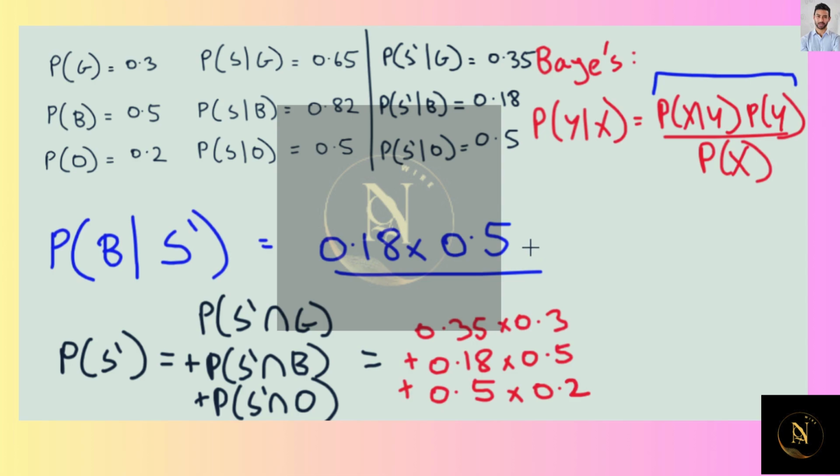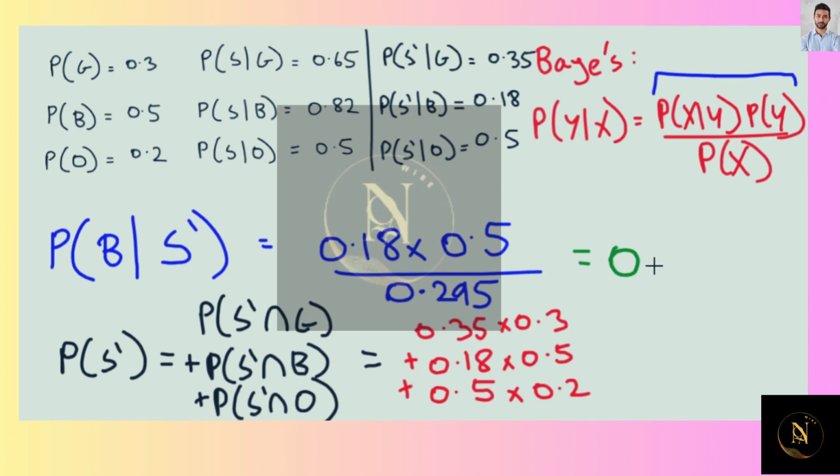It's a kind of weighted average. I'm just going to calculate that now. 0.35 times 0.3 plus 0.18 times 0.5 plus 0.5 times 0.2 all adds up to 0.295.